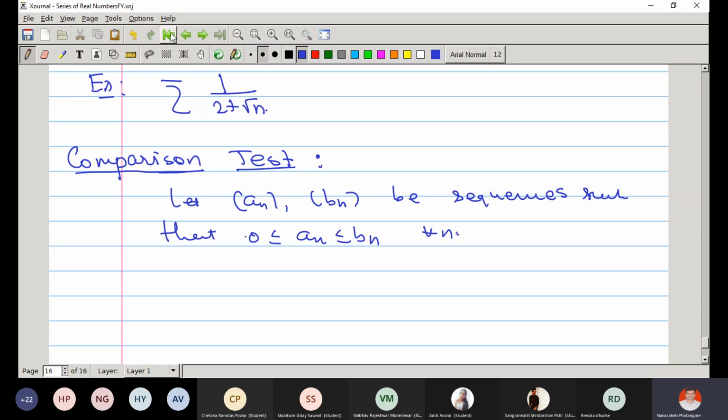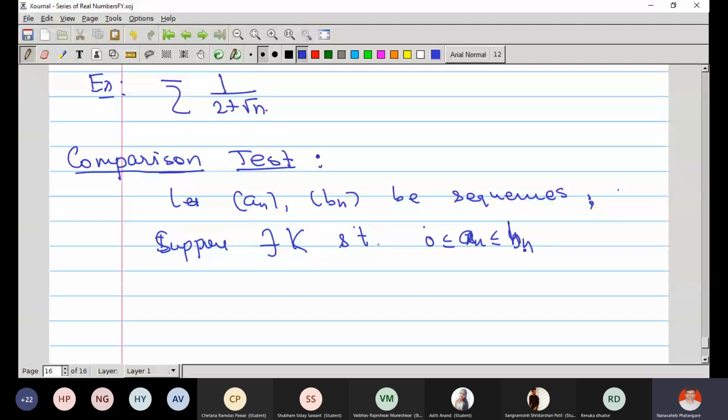Okay, I want to make this statement more general. Suppose a n and b n are sequences, and suppose there exists some k such that a n is less than or equal to b n for all n greater than or equal to k. So if k is equal to 10, then from 10 onward it is true that a10 is less than or equal to b10, a11 is less than or equal to b11, and so on.